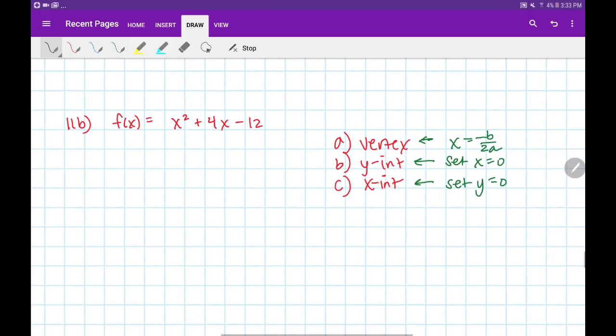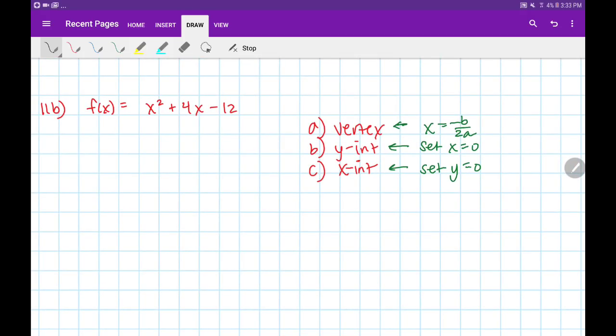Let's go to number 11. We'll find our vertex first. If you do x equals negative b over 2a, and you've labeled your a and b carefully, then you should get negative 4 over 2, which is negative 2 in the x position.